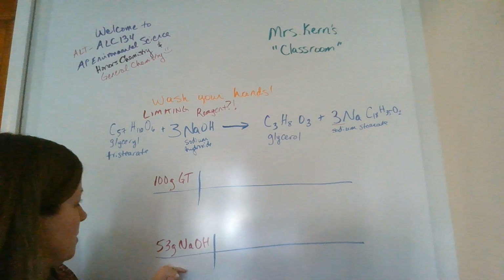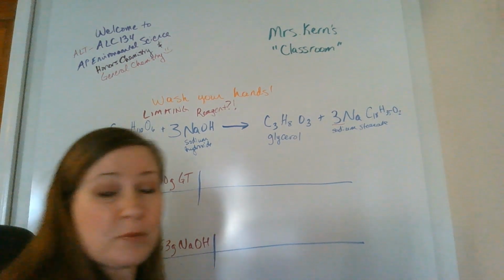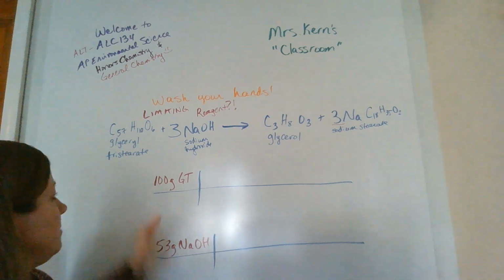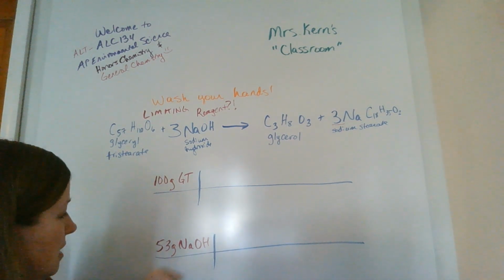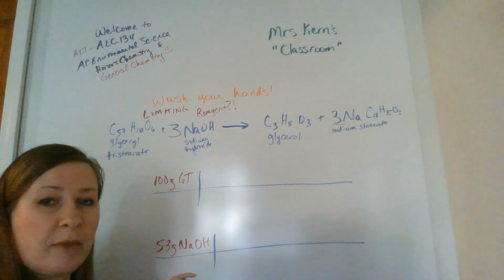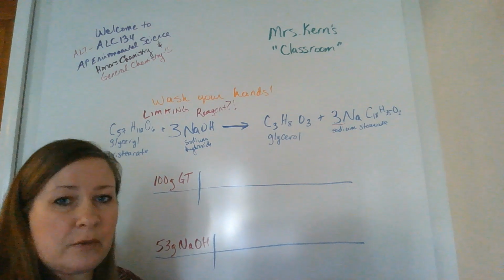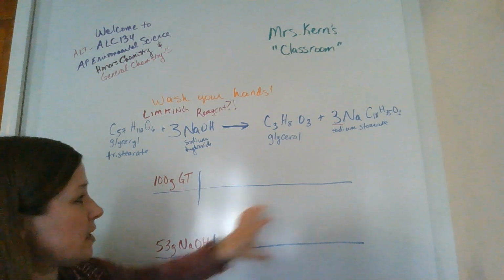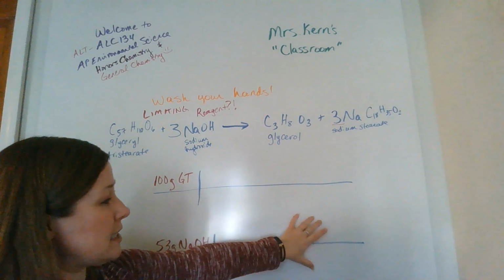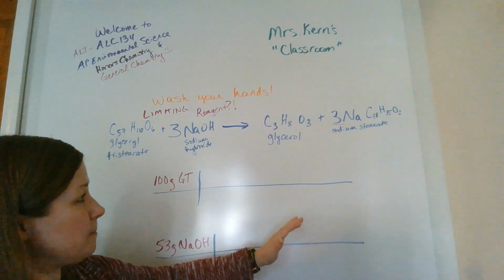So we're going to start with these two masses. This is from the practice problem that I created. So let's say we have 100 grams of glyceryl tristearate and 53 grams of sodium hydroxide, and we want to know which one is going to limit how much product we use. Well, to solve this problem, we want to be able to compare the same product based on these two reactants.